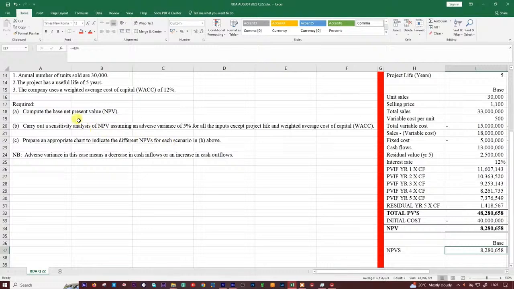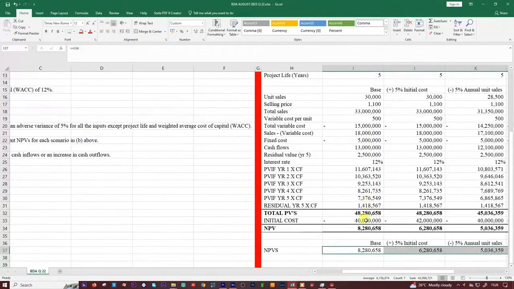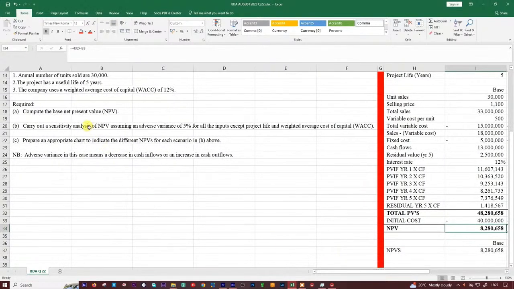So part A was to compute the base case NPV. We have already done that. The base case NPV is this. Then from there, we are told part B to carry out a sensitivity analysis of NPV, assuming adverse variance of 5% for all inputs except project life and weighted average cost of capital.